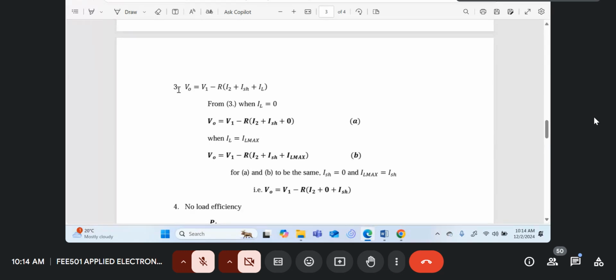And from equation 3, if IL is equal to 0, meaning you've not connected your circuit to any load, then equation 3 becomes V0 is V1 minus R into I2 plus I shunt plus 0, where 0 is substituted for IL.